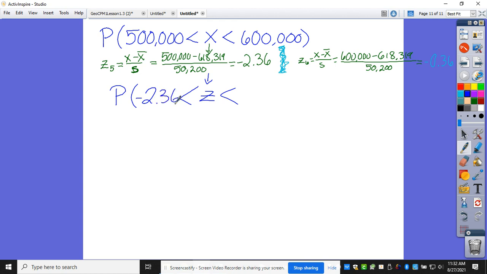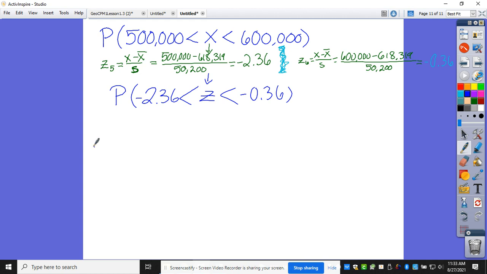I converted this x to a z, which is negative 0.36. And now it's a problem from today. Stop me if I need to. So now we do what?